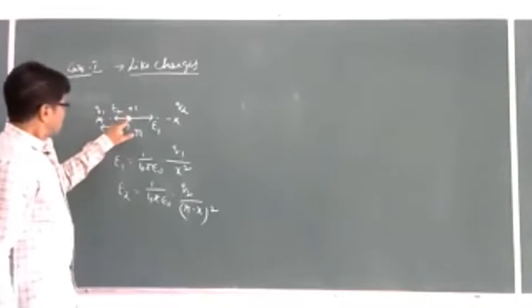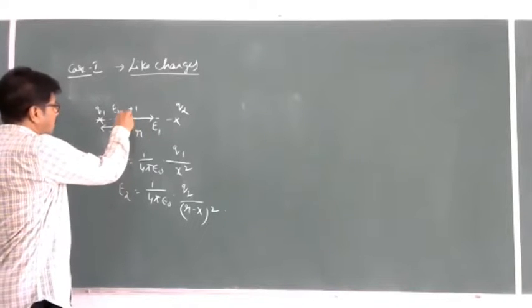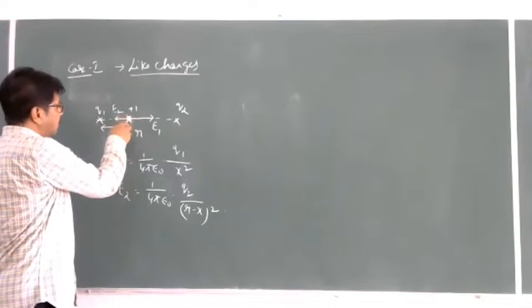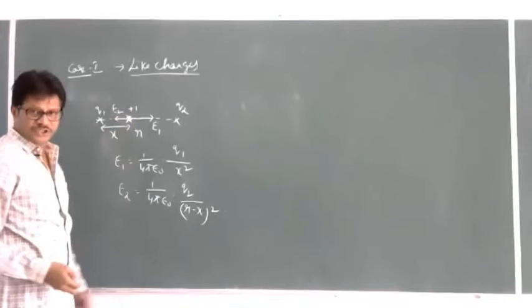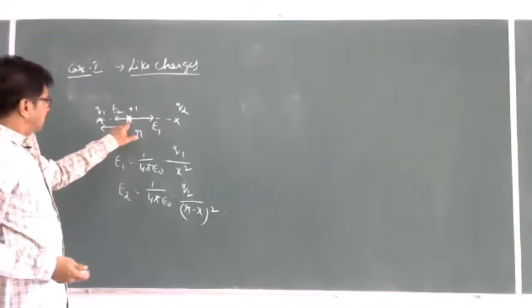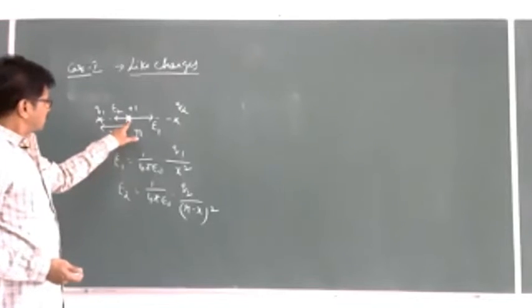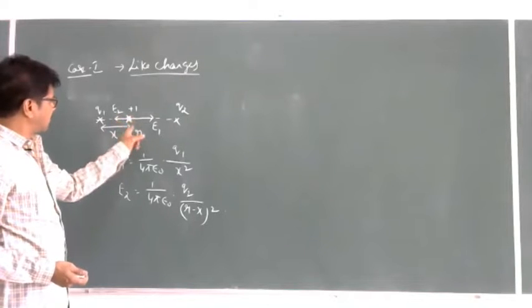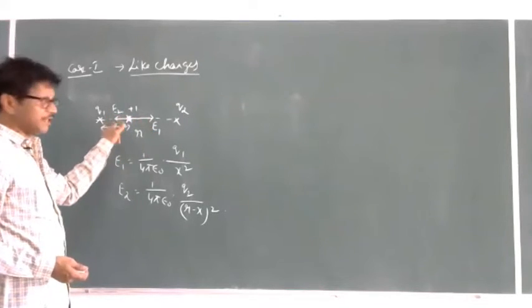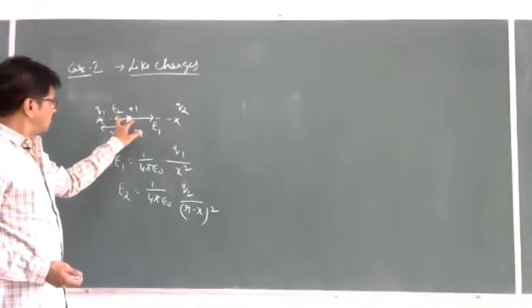Now, what is the significance of this point? This is the point where the resultant electric intensity is 0. But here how many electric intensities are acting? One is E1 and one is E2. When will the resultant be 0?